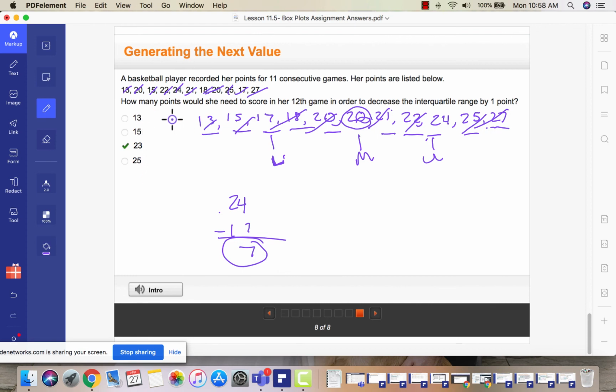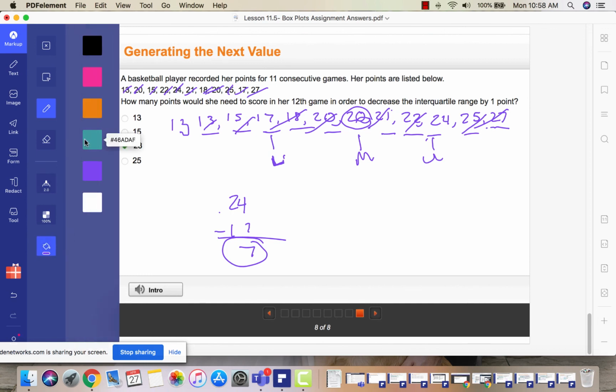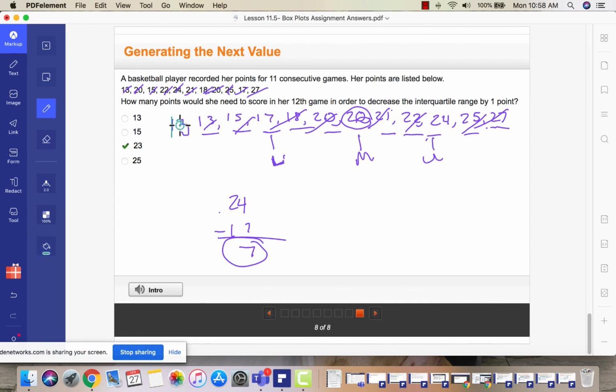So if we were to plug in another 13 here, let's change up our colors. So this is going to be a 13. That changes our median to be in between 20 and 20, which will be 20.